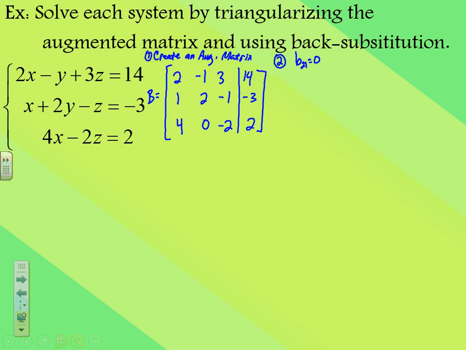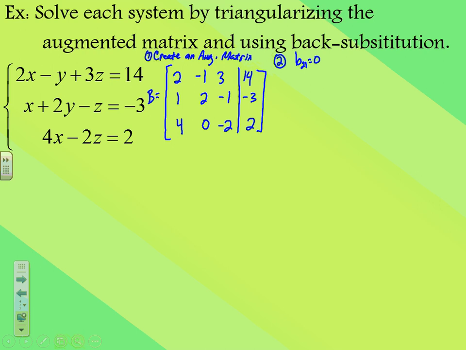And using the 2 above it and the 4 below it, we have to say, okay, what out of those 2 rows, row 1 or row 3, would it be easier to combine with the 1 to make it become 0? And in this case, I think we could use row 1 and row 2 easier than it would be to use row 2 and row 3, simply because the 2 and the 1 overall are smaller numbers.